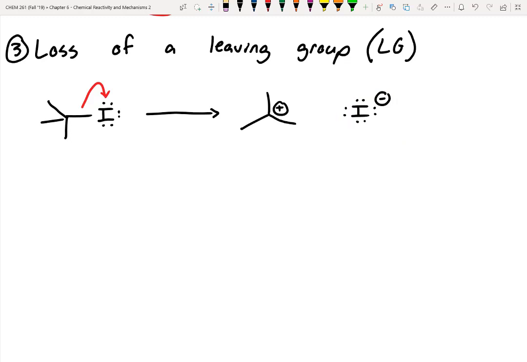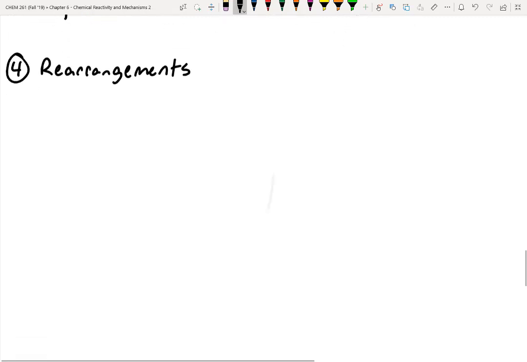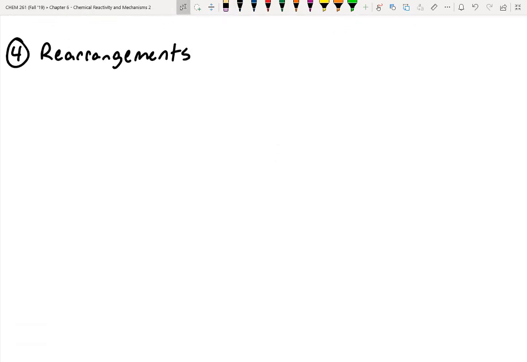All right, and that takes me to my next one, which are rearrangements. All right, so let's do an example one.